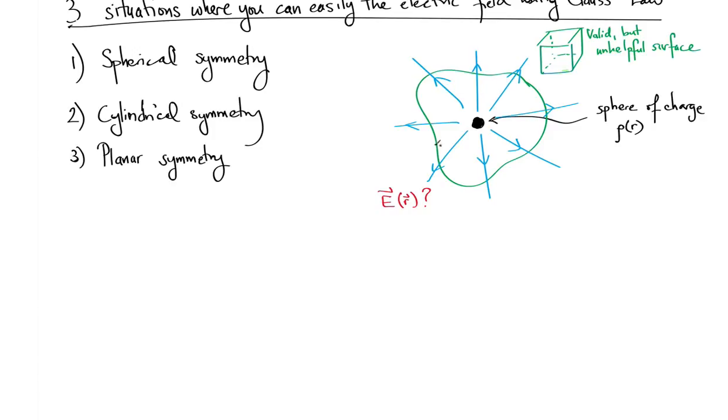All right, so let's look at this now amoeba-like surface and whether or not this helps us figure out what the electric field is. Well, from Gauss's law, if we say this thing has a total charge Q, then certainly the integral of E dot dA over our entire surface, which I'll call surface B, will be Q over epsilon naught.